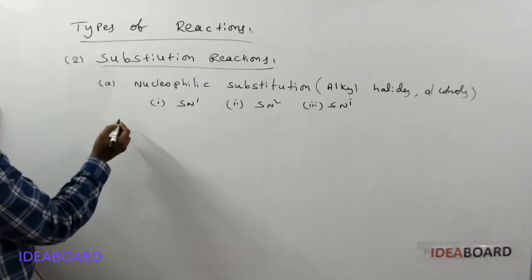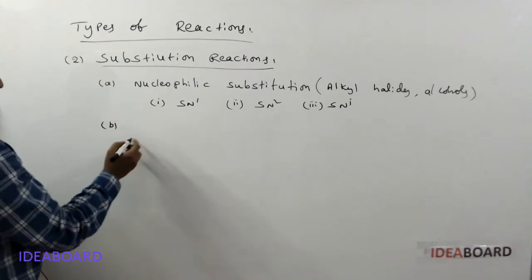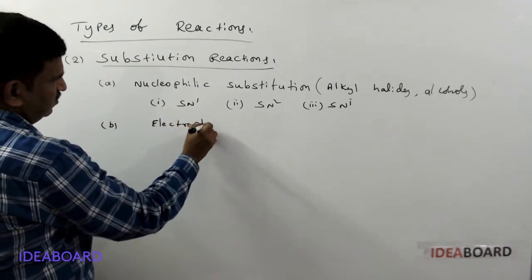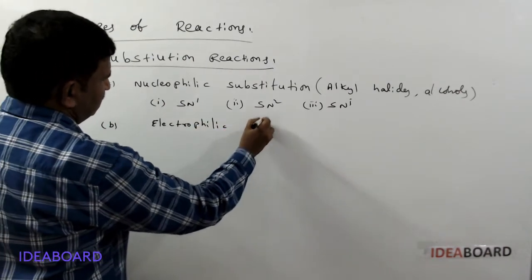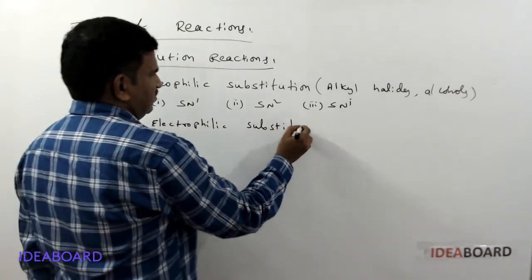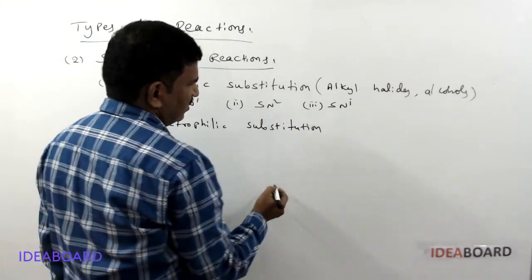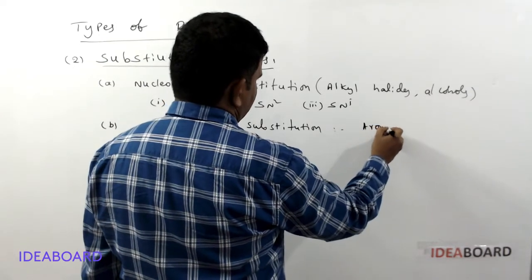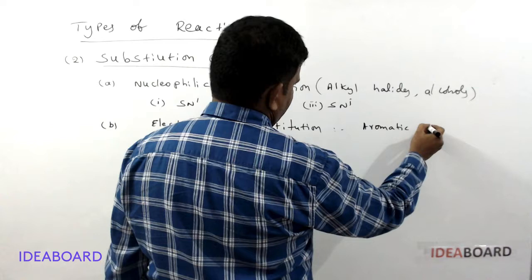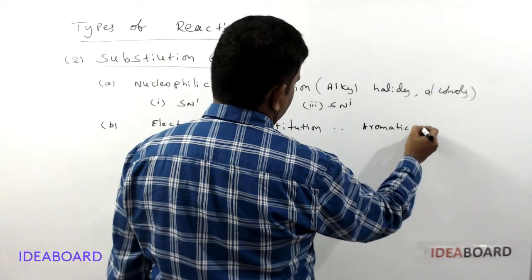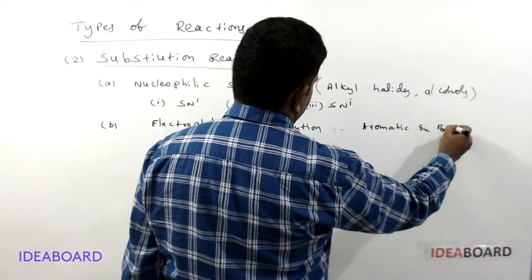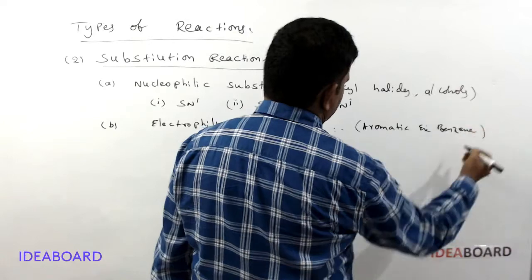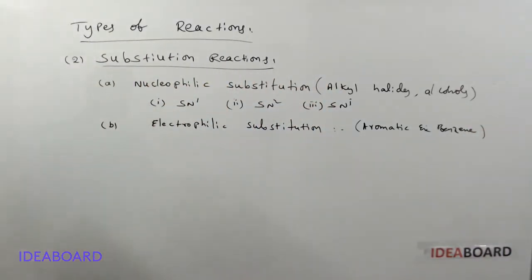The second one is electrophilic substitution reactions, where the substituting reagent is an electrophile. These are mainly given by aromatic compounds such as benzene, toluene, and xylene.